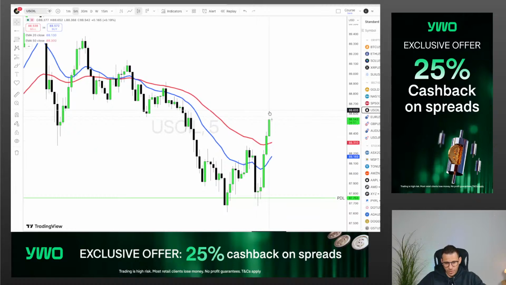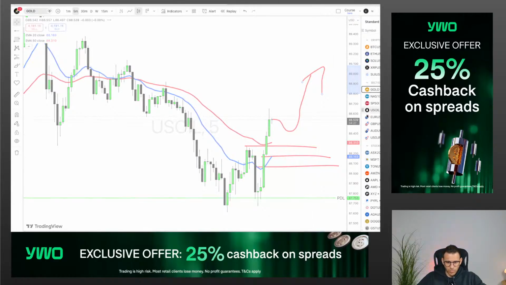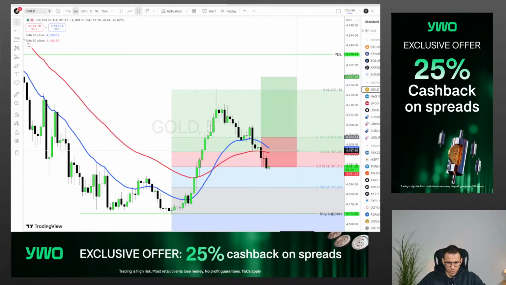We had this fail at the bottom, so a retracement anywhere back to these areas is going to be good to go. Maybe we're going to retrace back to these areas here, or even there, and it will keep going up. But be careful, gold and USOIL move the opposite. So now I'm out of this trade. Anyhow, that was a very low risk trade. I'm going to be looking at this area here now.